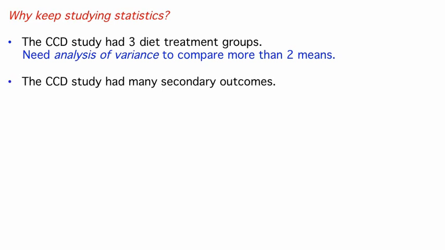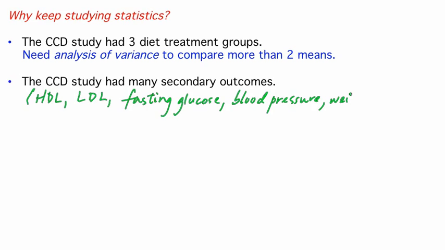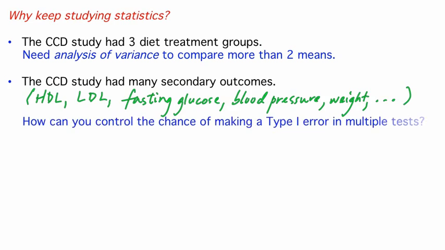These included measures of cholesterol such as HDL and LDL, and also included fasting glucose and blood pressure and weight and other variables. Whenever we carry out multiple statistical tests, there's a good chance that we might make a type 1 error. That is, we might find a statistically significant result just by chance. There are different ways to protect yourself against a type 1 error. And again, we're going to have to leave that for your next course.